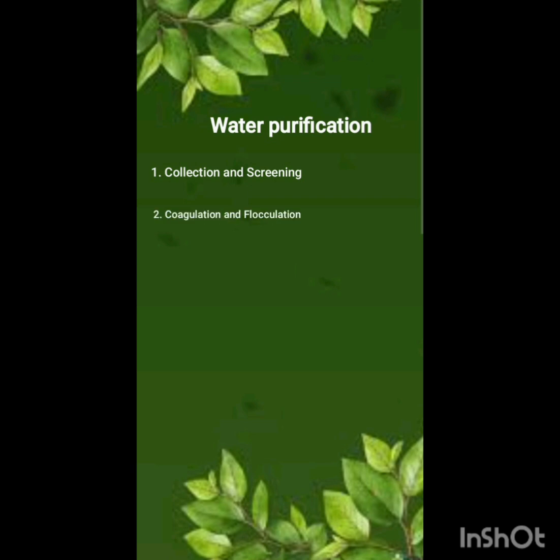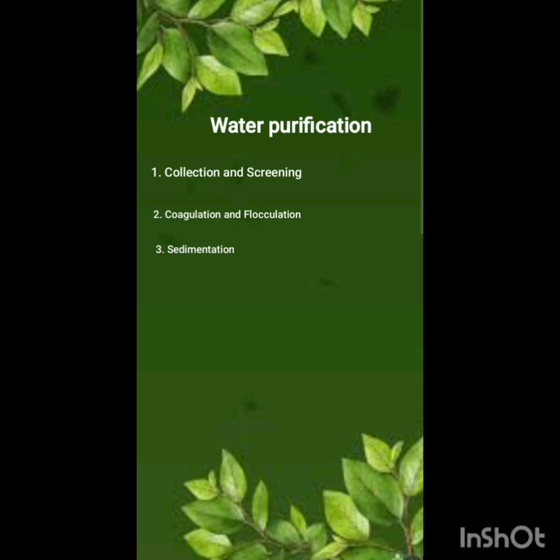Second process is coagulation and flocculation. Coagulation means chemicals like alum are added to the water to cause small particles to stick together. In flocculation, gentle mixing allows these particles to form larger clumps called flocs.